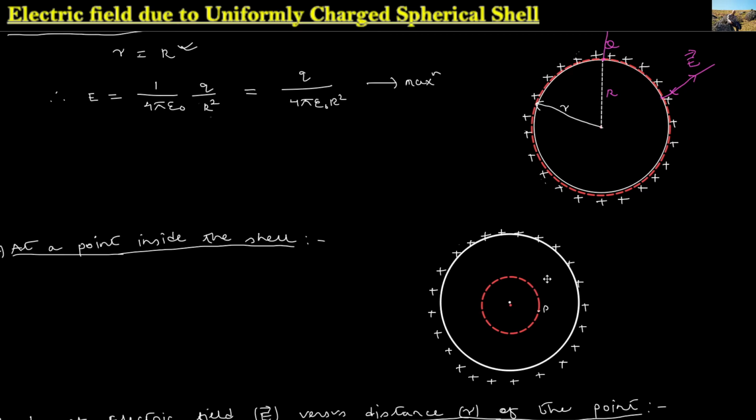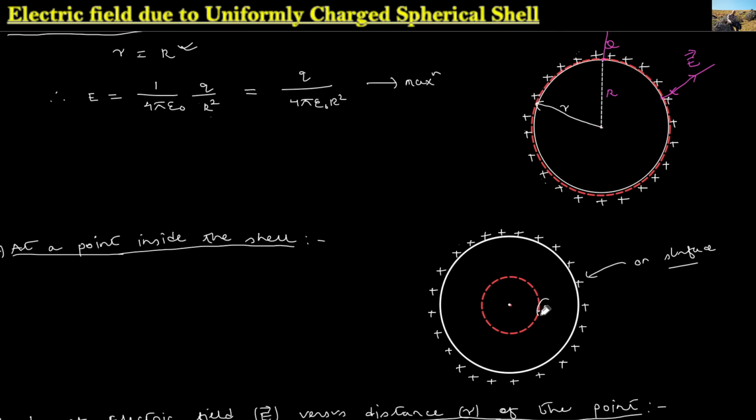So from here we have taken this point P, and we have constructed a Gaussian surface. When you look closely, we find that all these charges are on the surface.